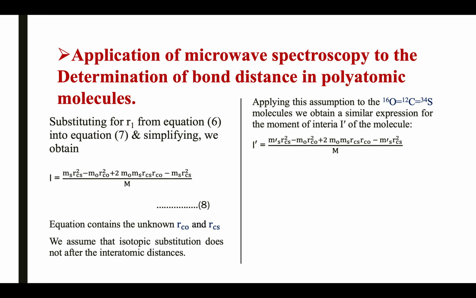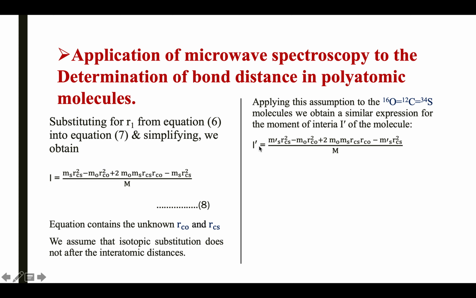So applying this assumption to the O16, C12 and S34 molecule, we obtain a similar expression for the moment of inertia I dash of the molecule. Now there's only sulfur. In the previous case we had only S32, but in this case the S34 will be there. So from that we are going to calculate the moment of inertia.